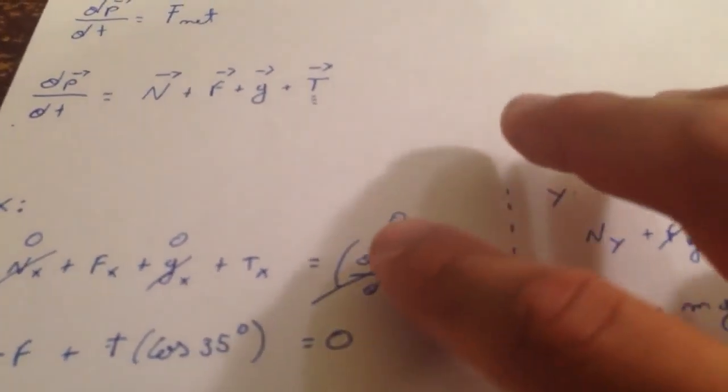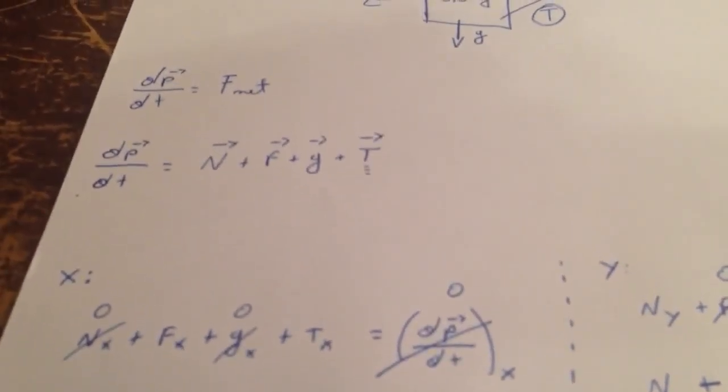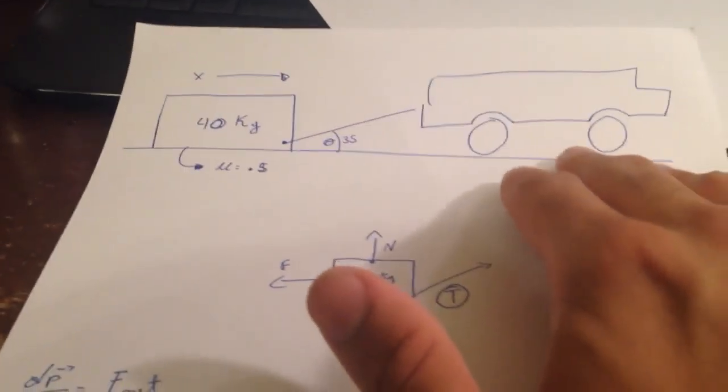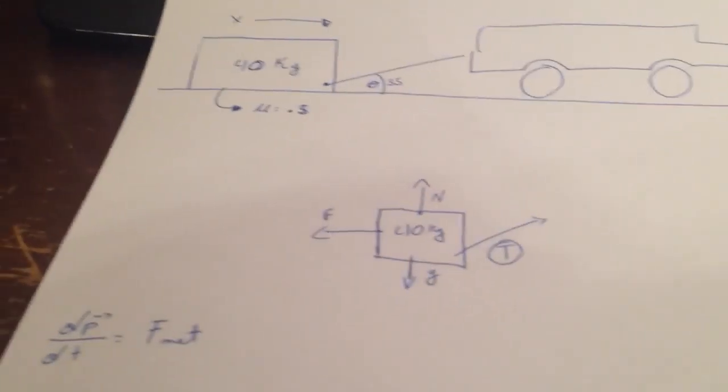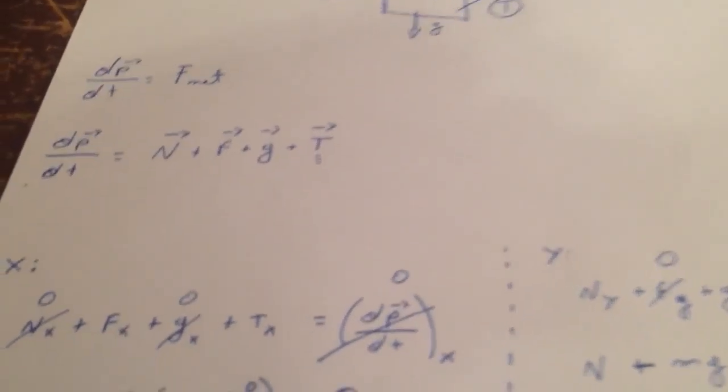And I know the change in momentum is 0, because your friend is driving the car at a constant speed, so the rate of change of momentum is 0.